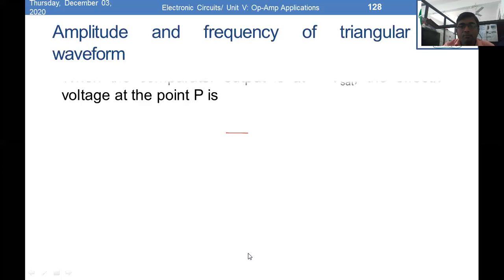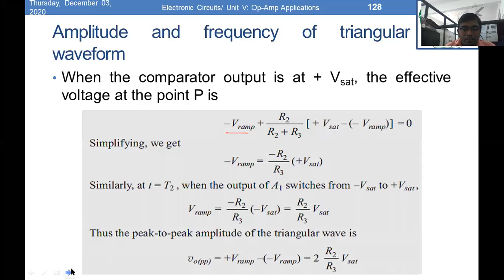So it is written as minus Vref plus R2 upon R2 plus R3 times Vsat minus Vref, because the output of A2 is nothing but minus Vref. The loop voltage is equal to 0. Simplifying, we get minus Vref is equal to minus R2 upon R3 times plus Vsat.